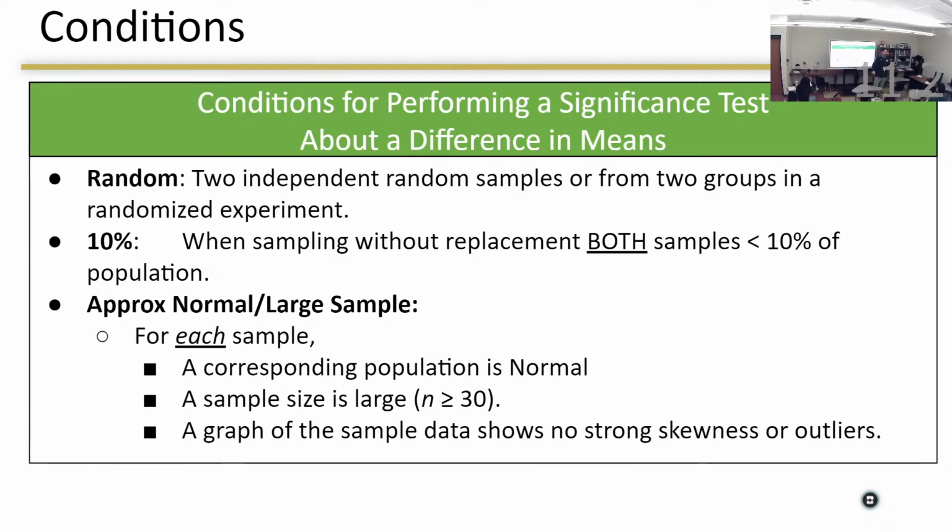And you may have to graph one and the other one be over 30, right? On your test, you will have to graph a set of data to show normality. And when you graph it, you say, no extreme outliers, no strong skewness. Or no outliers, no strong skewness. Something like that.